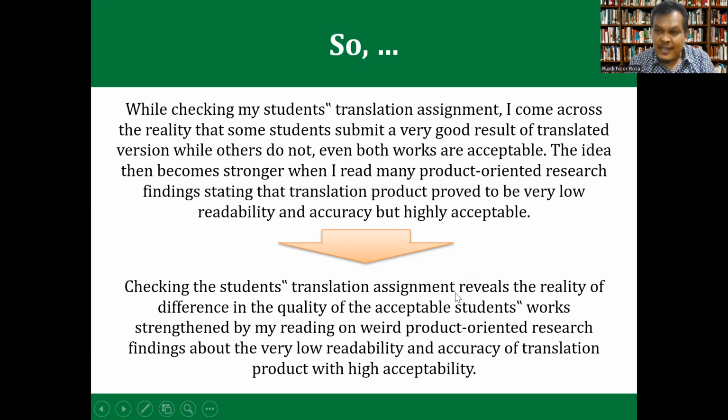You see here, we have a simple clause. Why? Because we have only one process, that is reveals. Meanwhile, in the congruent form, we have many clauses. And of course, there are many lexical items in the metaphorical clause we have just formed.